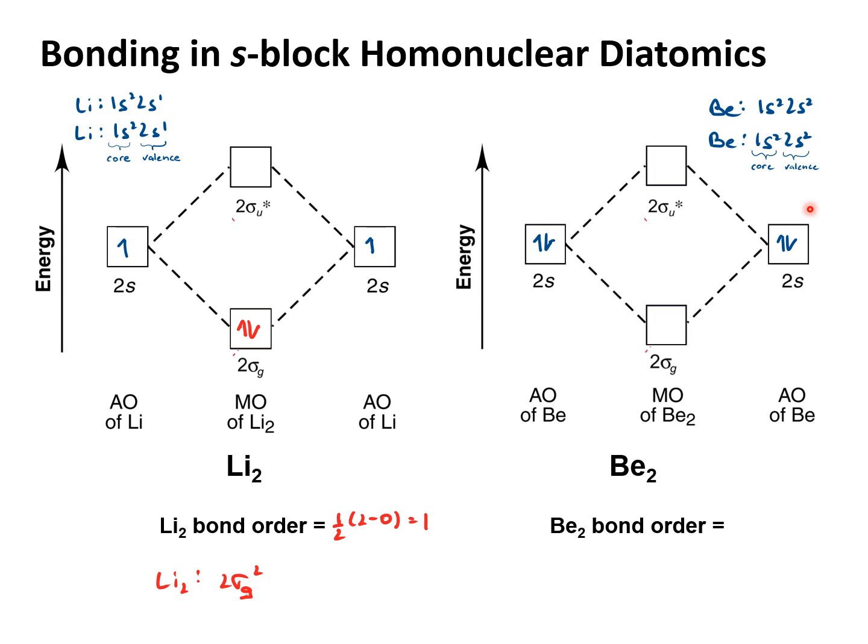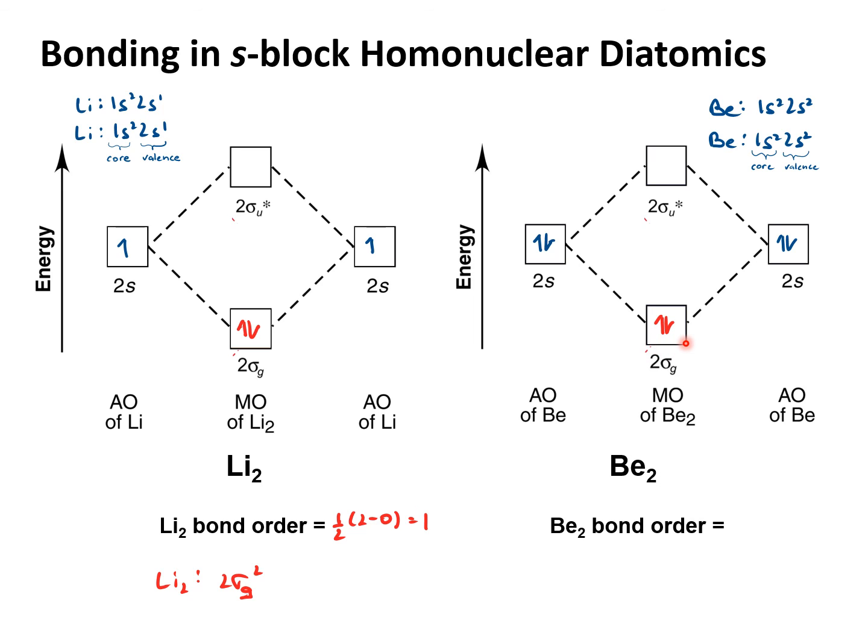This tells us that Be2 has 4 valence electrons to distribute. 2 plus 2 equals 4, and we see 2 electrons in the 2s orbital, another 2 electrons in the other 2s atomic orbital, giving us 4 electrons to distribute in our molecular orbitals. So starting with the lowest energy molecular orbital, which is the 2 sigma g bonding MO in this case, we see that the first electron goes in the 2 sigma g bonding MO.